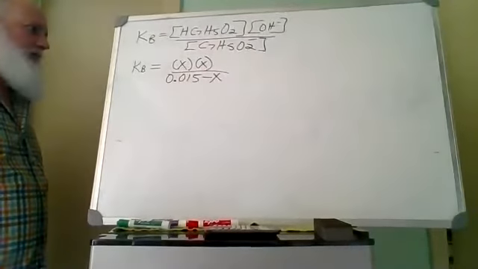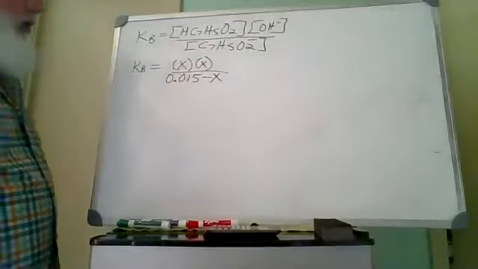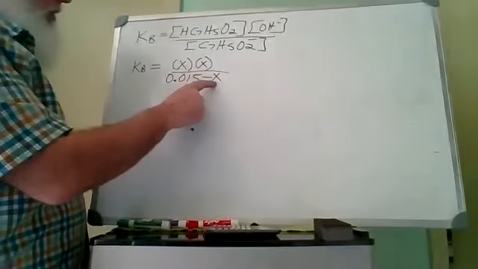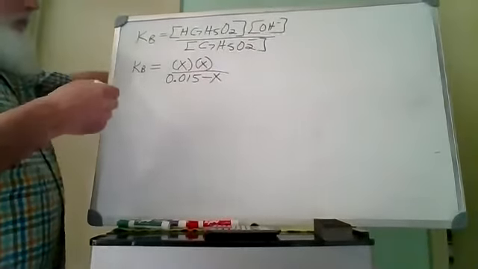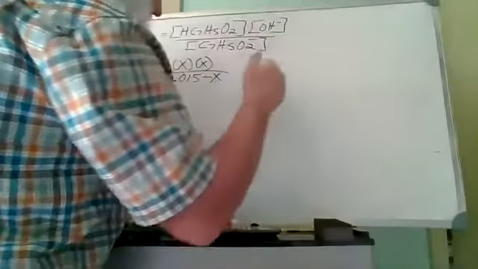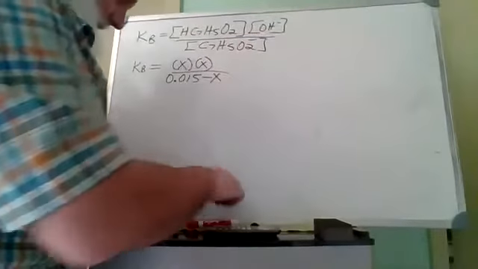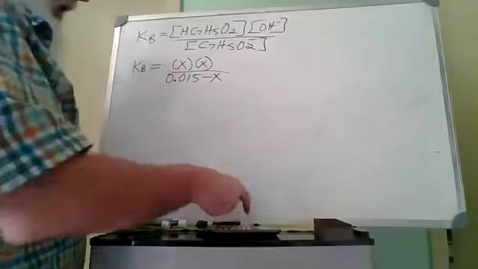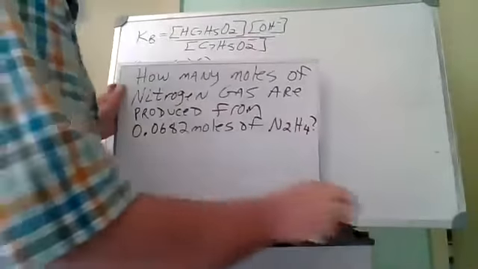Okay, let's see now. We want to know if we can drop this X. In other words, to do that, we need to know the value for KB, because what's going to justify us in dropping this X and avoiding a quadratic equation is that little test we can do.